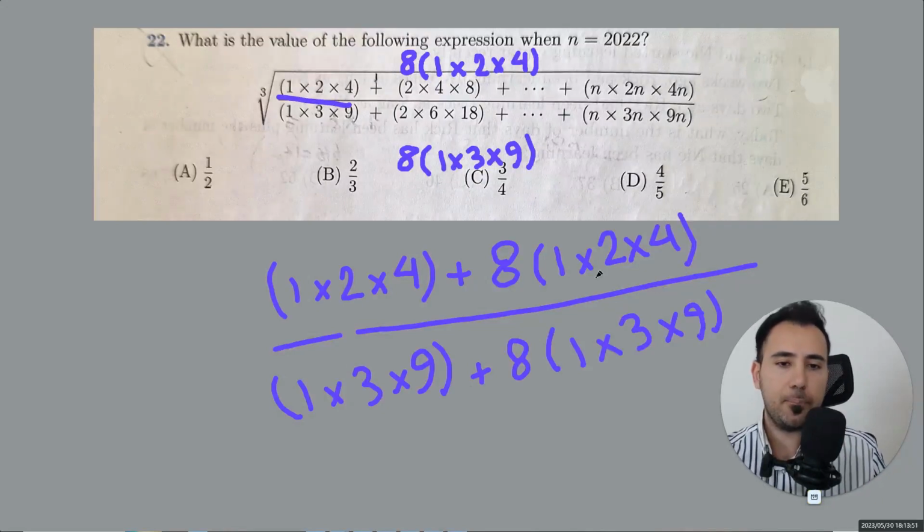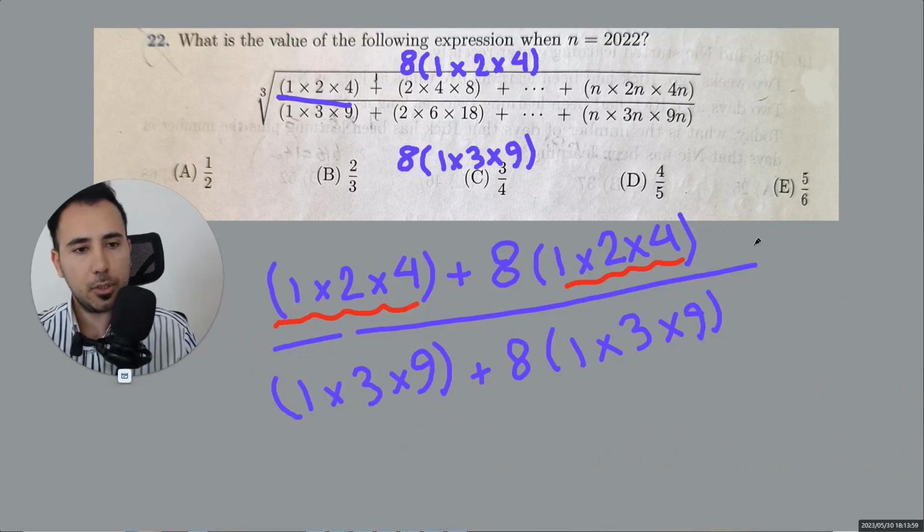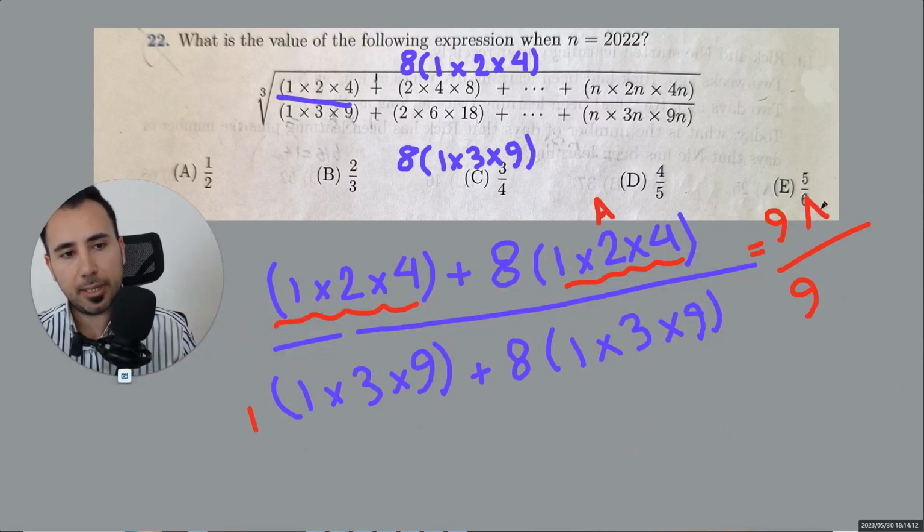So guess what? Now we could factorize it. You see, these are the same, so we're going to have 9 of them. Call this one A, this will be 9A.